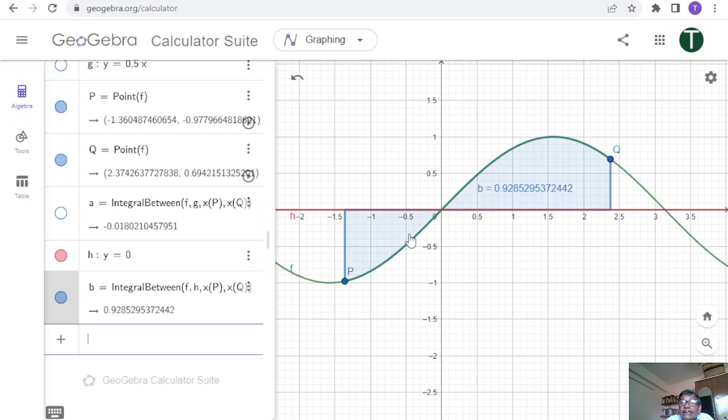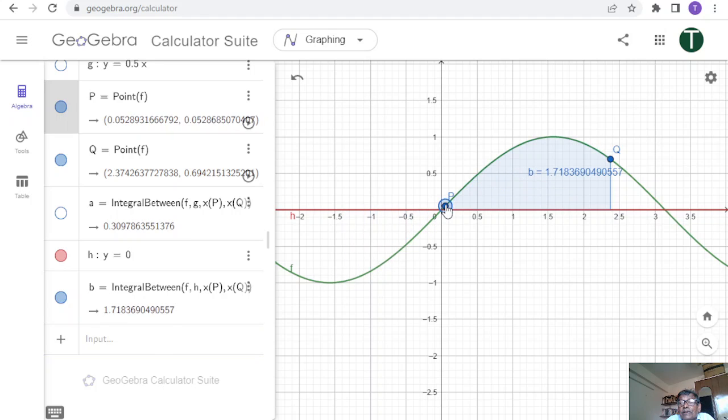So here this area is negative, it is showing. And here the area is positive. The positive area is greater than this area, so the net result is positive. And you can shift P to demonstrate that the area will become only positive during this zone. And you can bring it here. It will be like this.